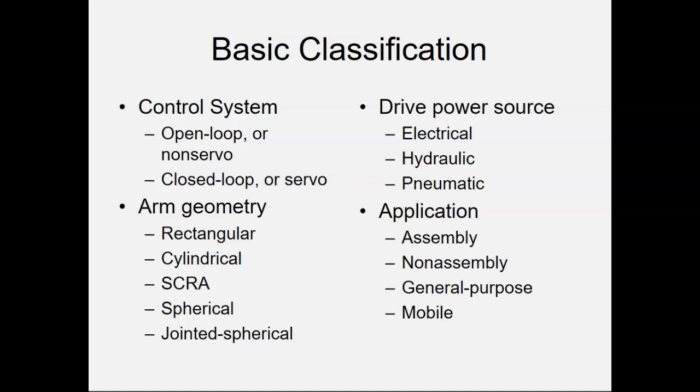Your drive source, which is electrical, hydraulic, pneumatic, and what is the purpose you're using it for? Is it going to be just basic assembly, non-assembly, doing whatever, or mobile?